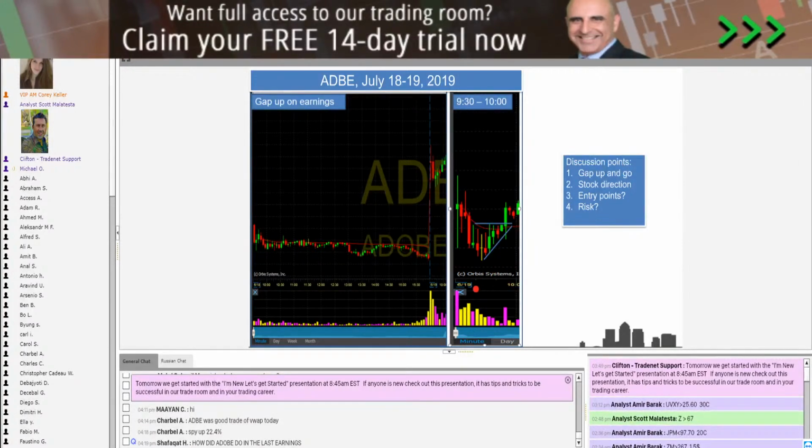Okay, and the reason why I prefer, especially in the morning, looking at the 2-minute bars chart is that I can see better the intraday price action. If you are a breakout type of trader, it doesn't really matter. If you buy only the breakouts, many people I know that are following Scott, he likes to trade the breakouts.